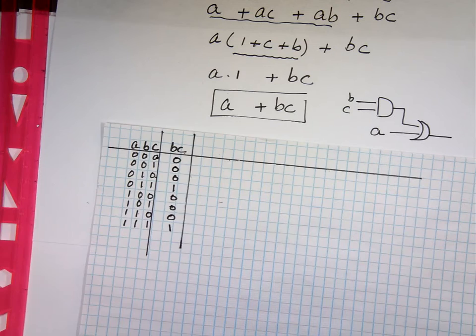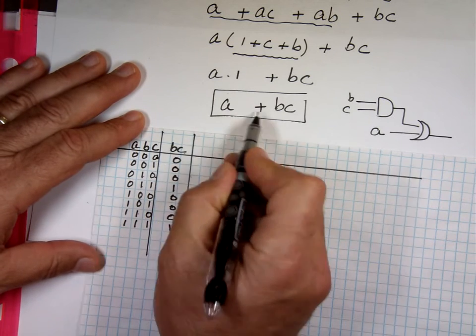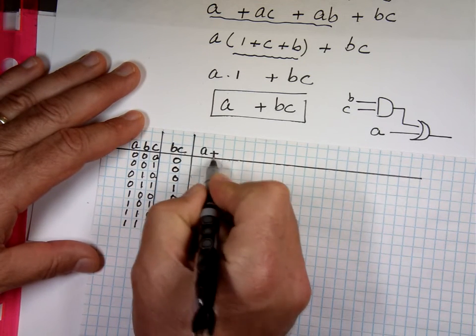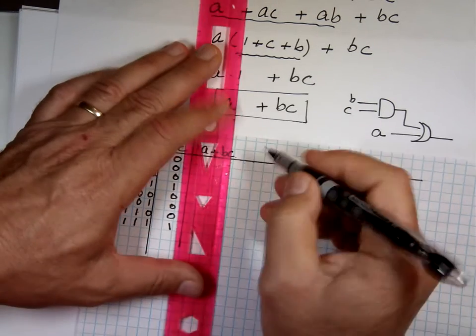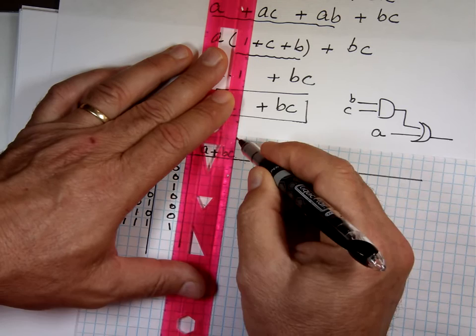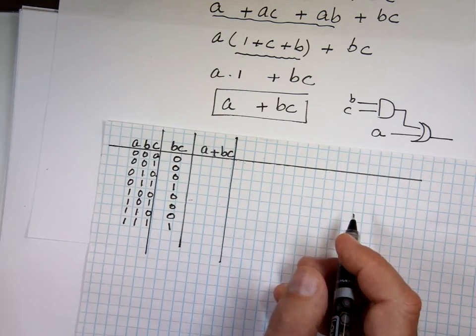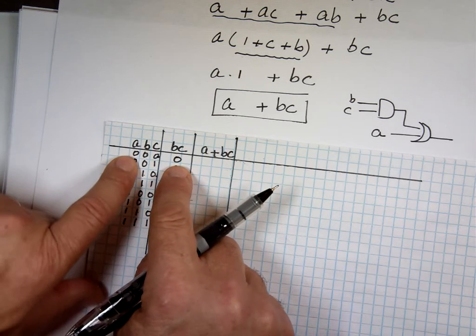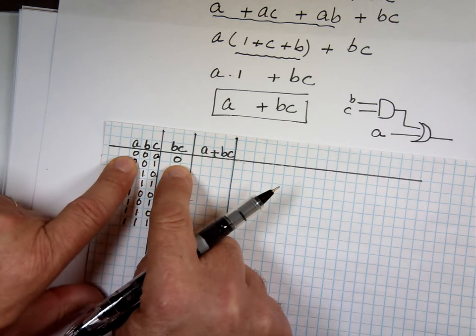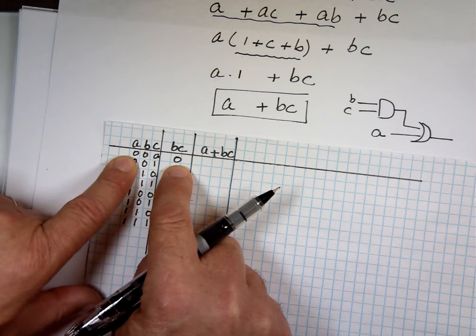Now let's add to that A plus BC. That's an OR. This column is A and this is BC. Can you see them? OR here, not AND, OR. What's 0 or 0? 0.